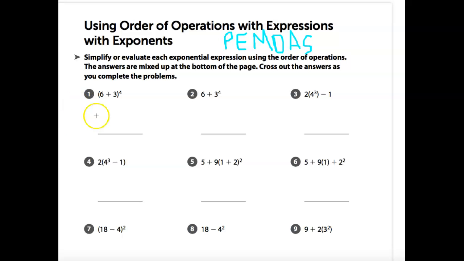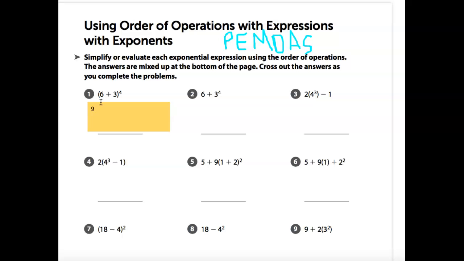So what you can do here, hold on. Okay, I'm going to do this in a text. I just think it's easier for you to see. So we're going to add what's in parentheses first, and we get 9. And then we have to find 9 to the 4th power.